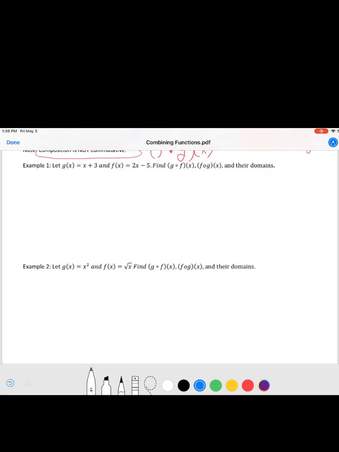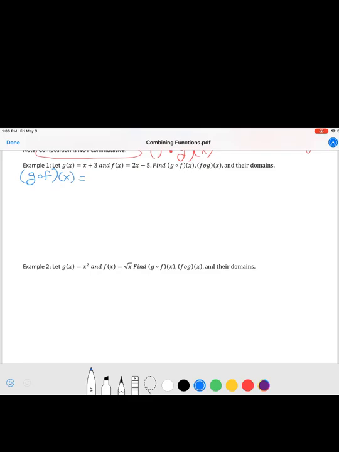Okay, first example, we're going to let g of x be x plus 3, and f of x be 2x minus 5. We want to find g of f of x and f of g of x and the domain for each of them. So let's find g of f of x first.